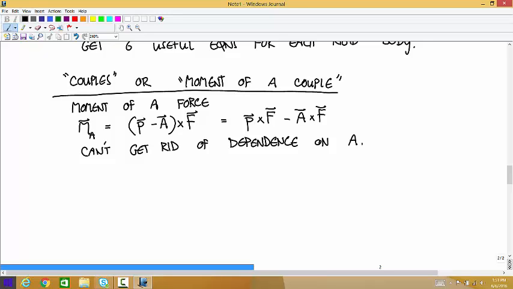But there is one useful case where the dependence on A goes away. This is like a mathematical magic trick, and that's called couples.